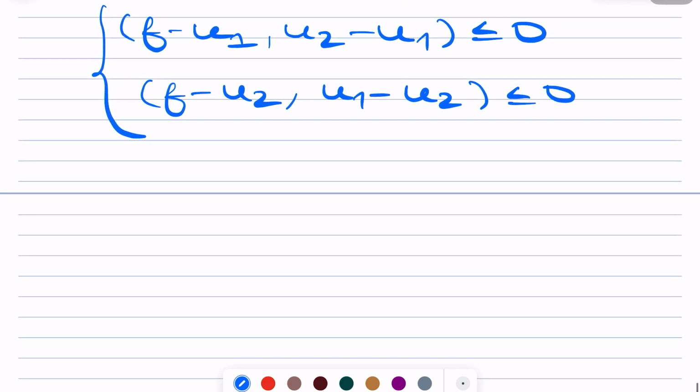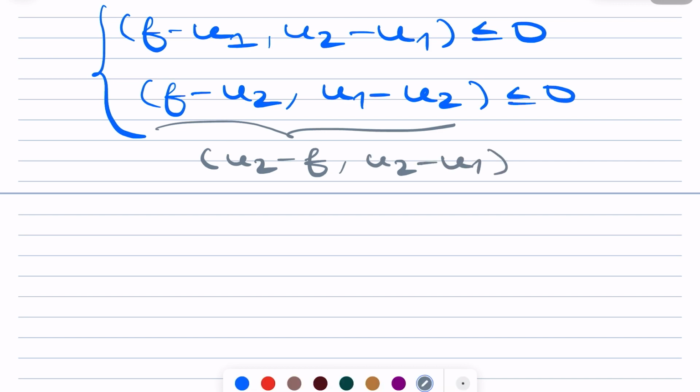But observe that you can even write it as the scalar product of u2 minus f, comma, u2 minus u1. Of course, this is less or equal than 0.